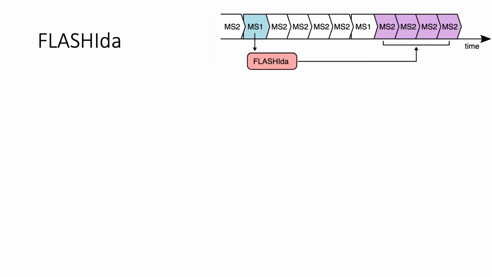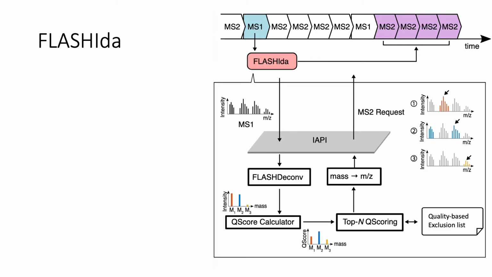We present FLASHIda, a data acquisition method that addresses all the above issues. The upper figure shows the FLASHIda duty cycle. And this figure shows how FLASHIda works. First, the Thermo Eye API provides the MS1 full scan to FLASHDeconv. FLASHDeconv deconvolutes the spectrum in real time, transforming the m/z intensity spectrum into a mass intensity spectrum.